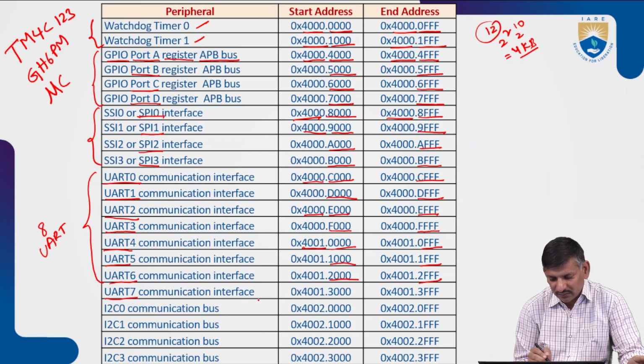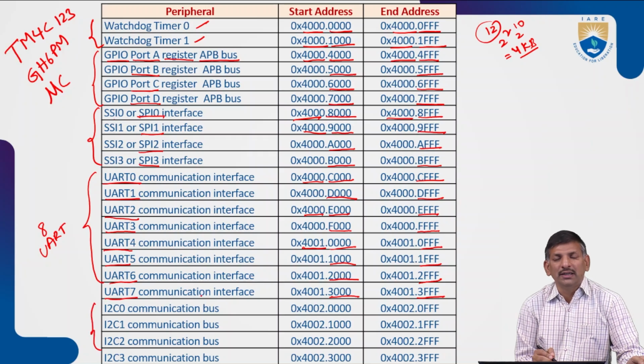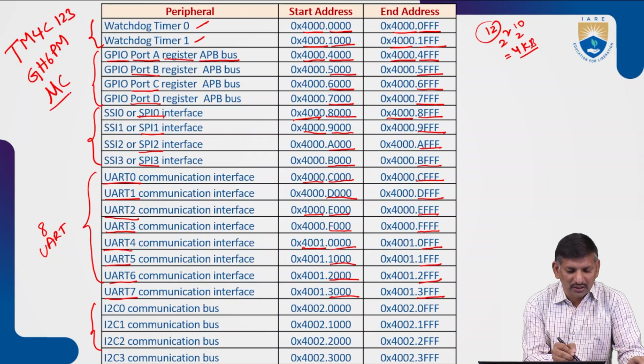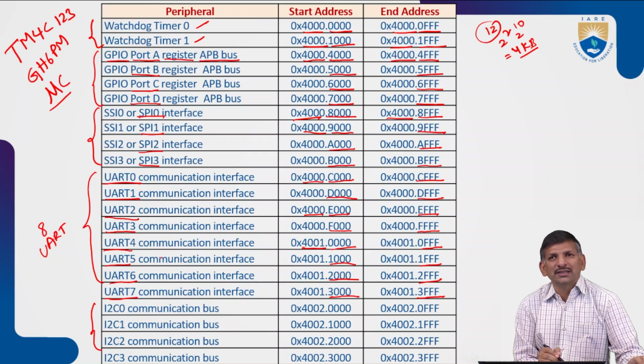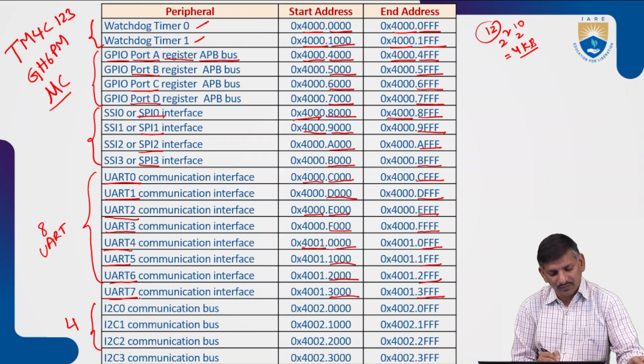UART 7, 3000 to 3FFF. Coming to the I2C bus, inter-integrated circuits, this TM4C123GH6PM microcontroller contains 4 I2C buses.